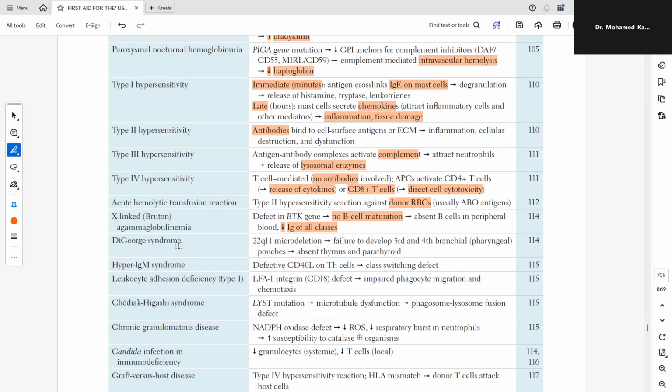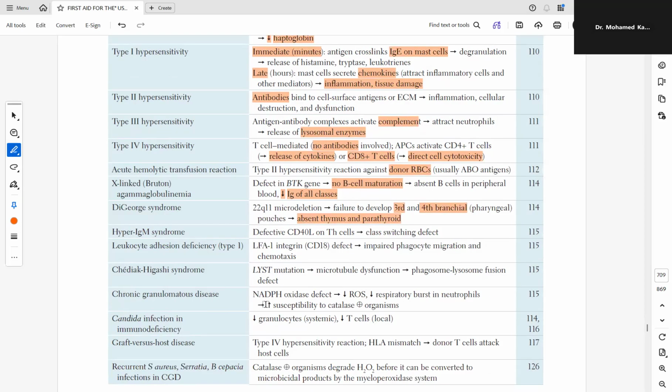DiGeorge syndrome is a 22q11 microdeletion, and q is the long arm of the chromosome. Failure to develop the third and fourth branchial or pharyngeal pouches, absent thymus and parathyroid. Hyper IgM syndrome: defective CD40 ligand on T helper cells, leading to class switching defect.